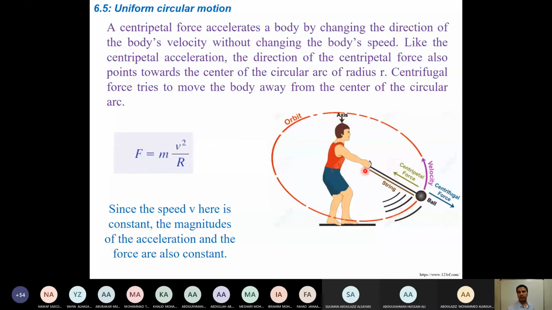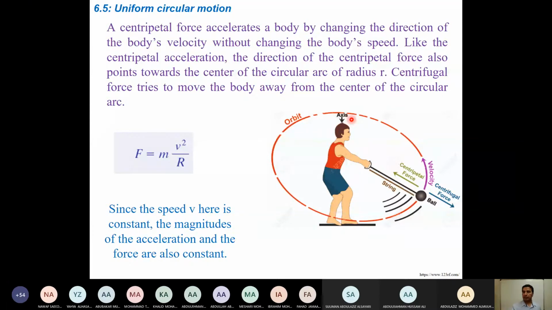Since the length of his arm and the string are both considered fixed, the string is not like rubber, it's more like a metal rod, so it doesn't stretch. Whenever he is rotating it, this is the axis of his body. Around this axis, he is rotating the ball in a complete circle.